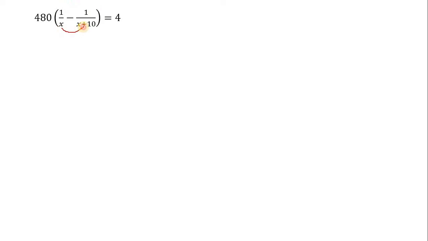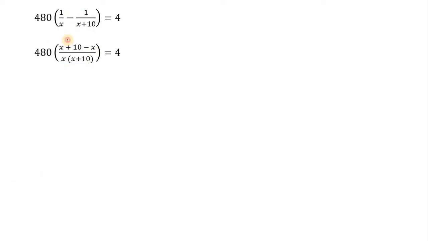Multiply the denominators for the denominator answer, and for the numerator do the cross multiplication. See, I have multiplied the denominators, so I got x into x plus 10, and I have done the cross multiplication. Anything multiplied by 1 gives the same thing, that is x plus 10. Here also anything multiplied by 1 gives the same thing, that is minus x.